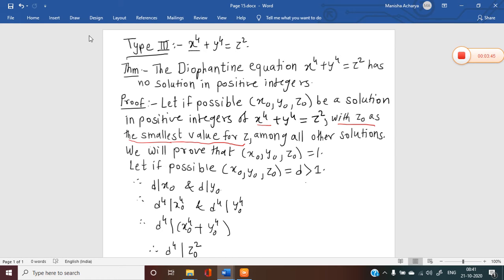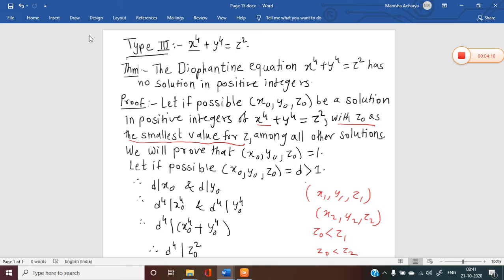So we consider x0, y0, z0 as a solution with z0 as the smallest value for z among all other solutions. That means if x1, y1, z1, or x2, y2, z2 are other solutions for x raised to 4 plus y raised to 4 equal to z square, then z0 is less than z1, z0 is less than z2, and so on.